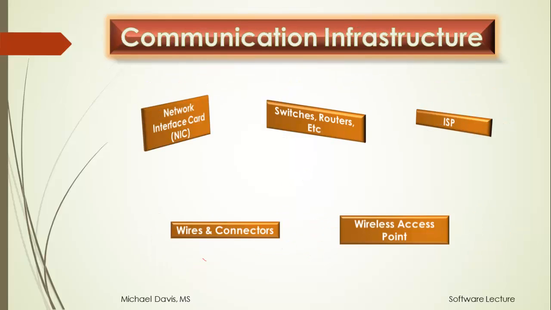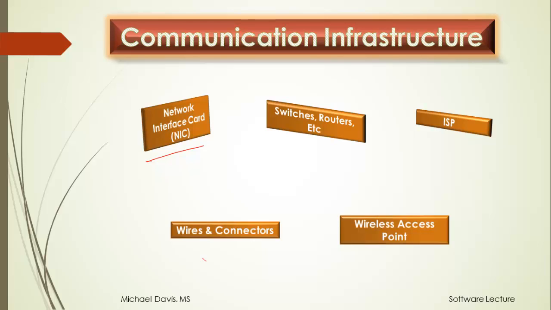Now, the next layer of our pyramid, we talked about communications infrastructure, and the first thing in your computer is the network interface card. It's called a NIC. Some of the motherboards that we looked at earlier have the network interface card built into the board. When they first came out, of course, they didn't, and so we bought one of those cards to plug into one of those I/O slots, if you recall, to connect us to the network.